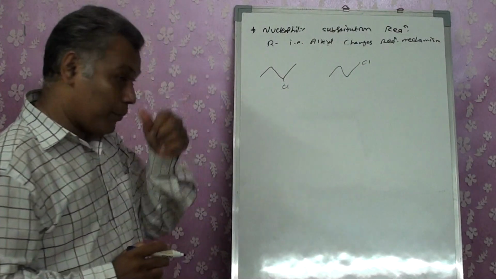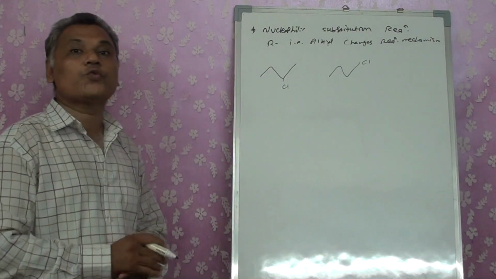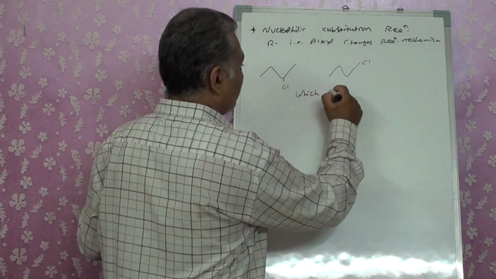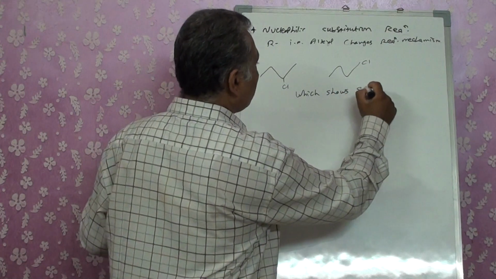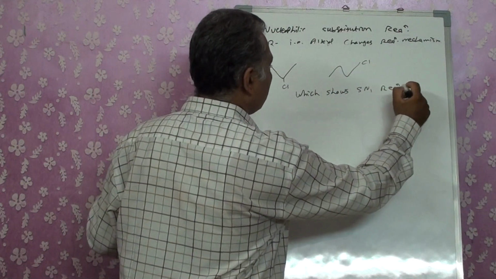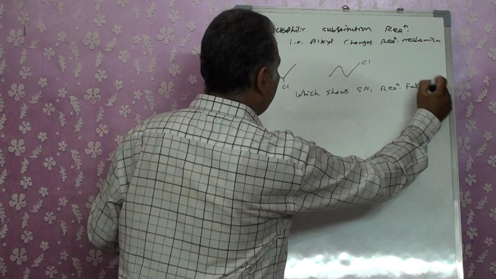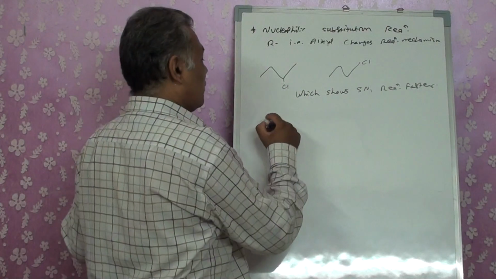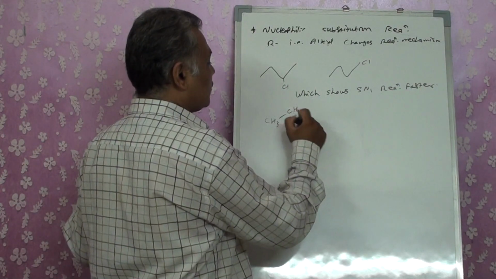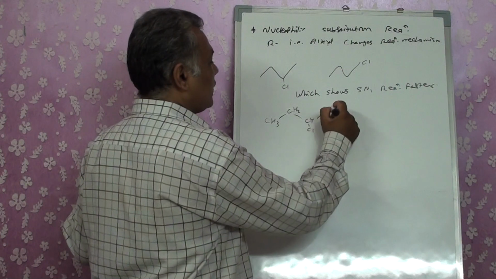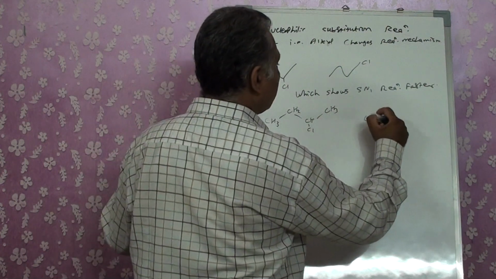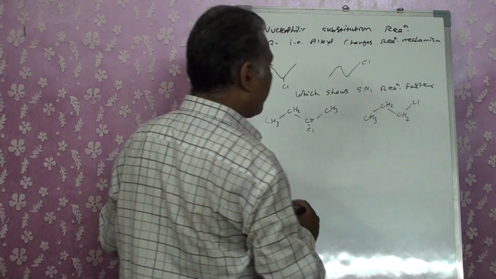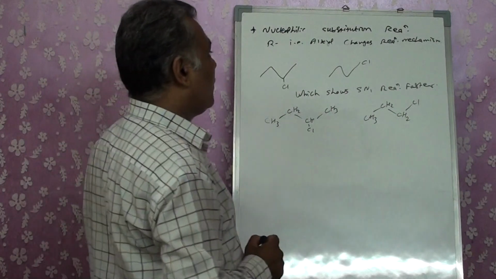Now these are the two compounds that are given to me. Which one goes for SN1 reaction faster? So what will I have to find out? This compound is CH3CH2CHClCH3, and this compound is CH3CH2CH2Cl.